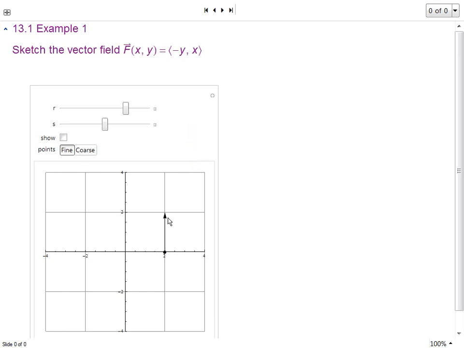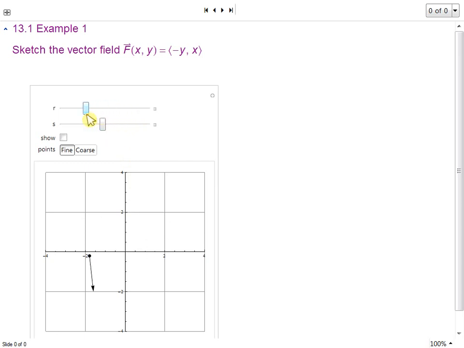Now let me move up a little bit. Let's go right there. Now I'm at the point 2, 2. I'm plugging in 2 for x, so that stays the same, and 2 for y, so now I get an x component of negative 2. That means I go to the left 2, up 2. That's my vector. And everywhere I move in here, there is a vector.